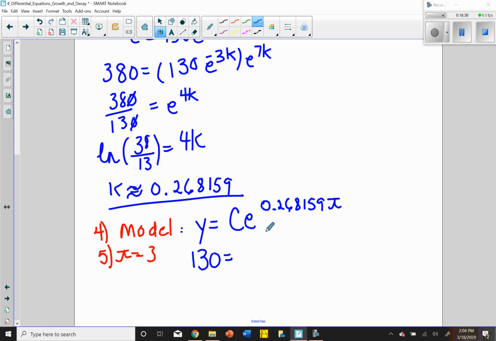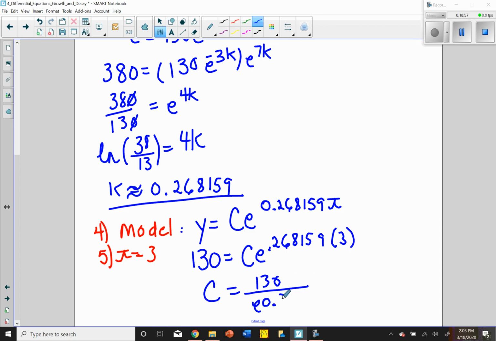Y is 130 when t is 3. C e to the 0.268159 times 3. And solving for C, we have 130 divided by e to the 3 times 0.268, which is 0.80448.